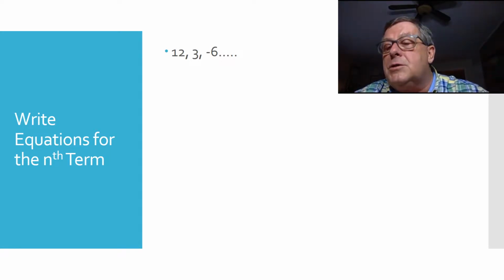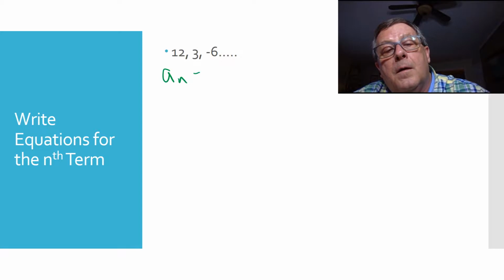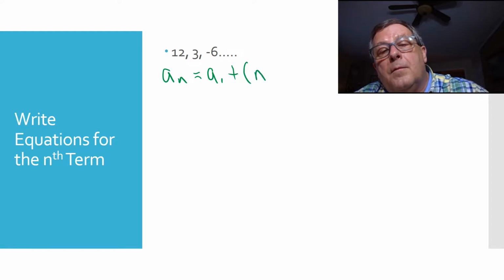I'm going to start by writing the finding the nth term equation: An equals A1 plus n minus 1 d.